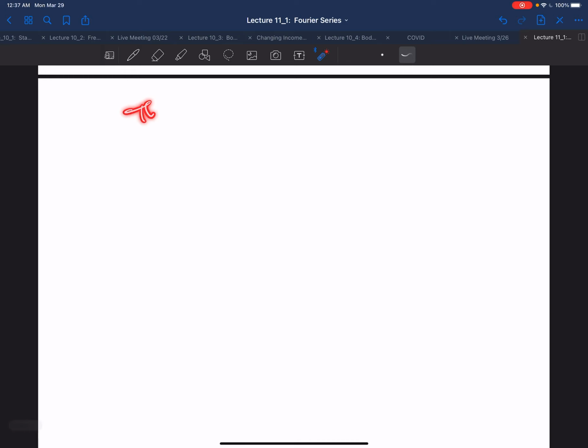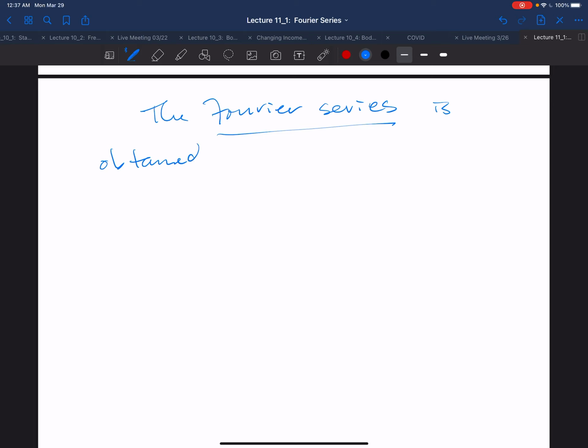So the Fourier series is just obtained by taking a projection onto this orthonormal basis.